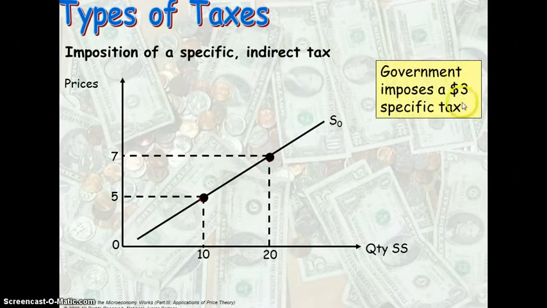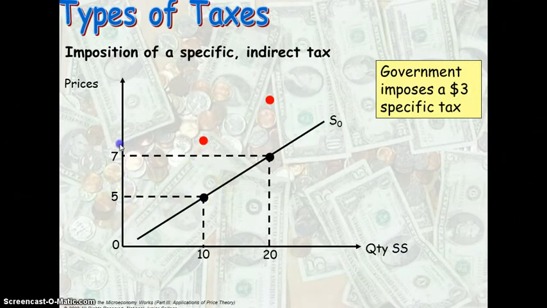So the government imposes a $3 specific tax, which means to say that at every unit of the products that is being produced, the willingness and ability for the producer to produce will shift upwards by a fixed amount of $3 in this case. So at the 10th unit, it is initially the willingness and ability for the producer to produce is at $5.